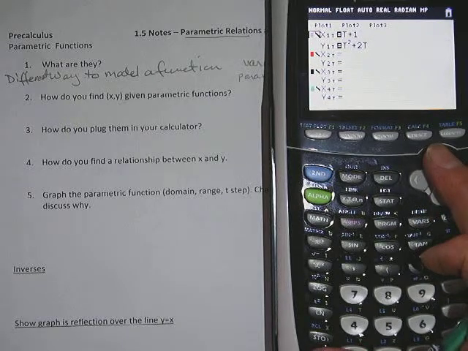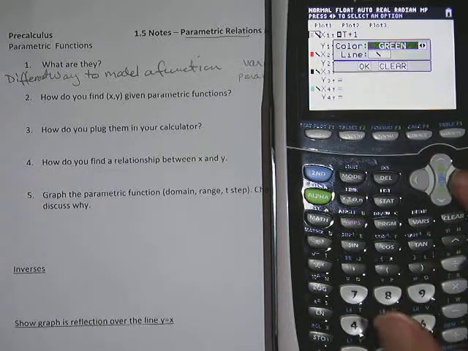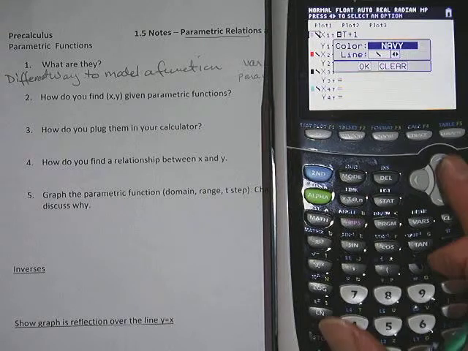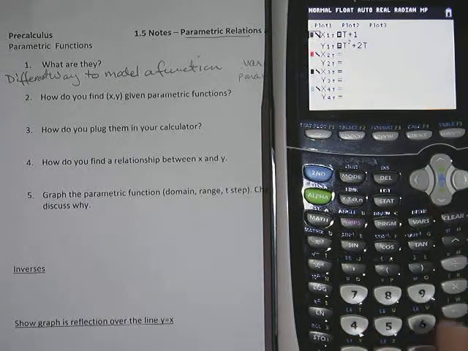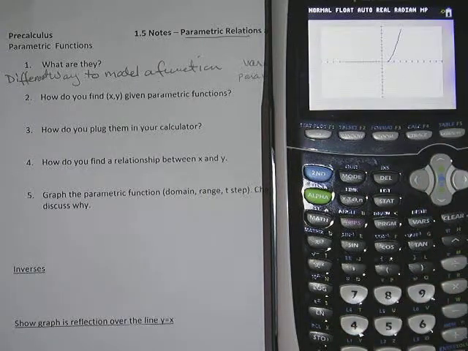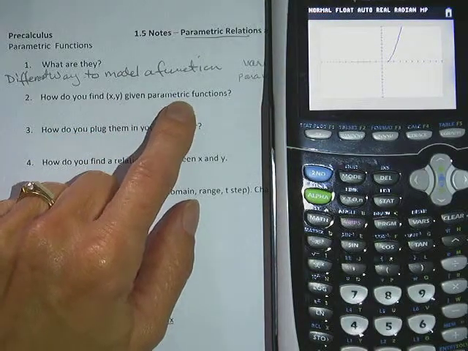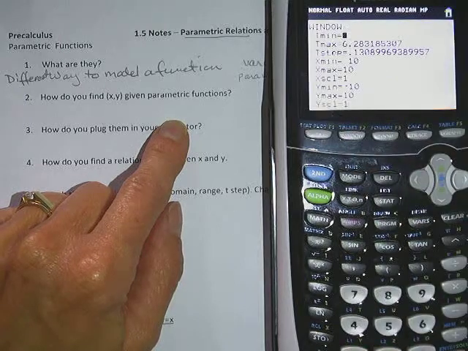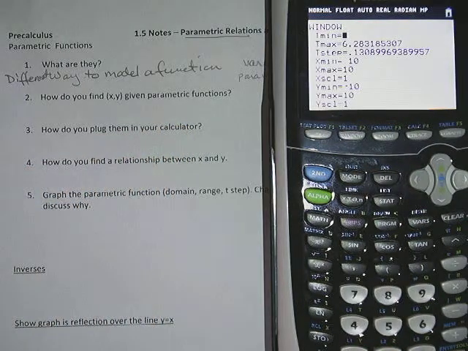Well, I have to change my window. Hang on. T squared plus what? Yep, 2t. There we go. Okay, t squared plus 2t, right.